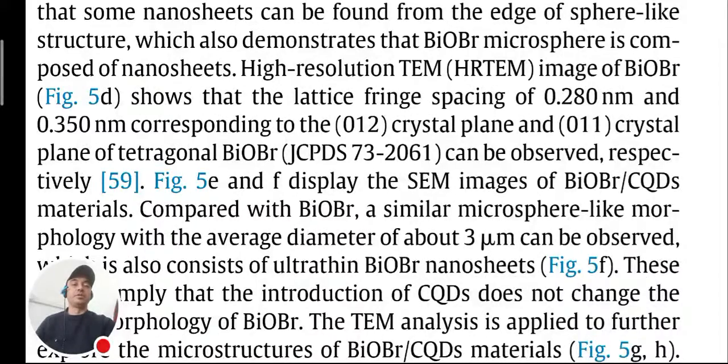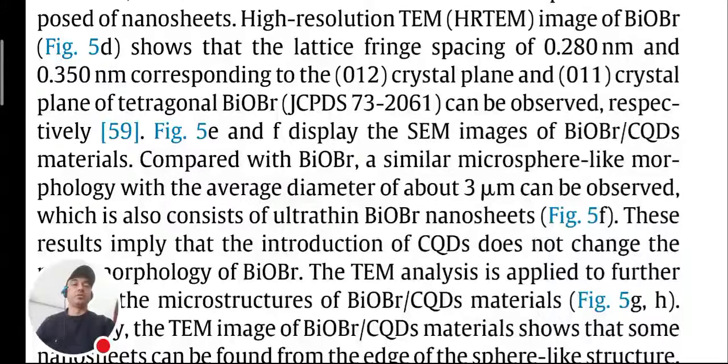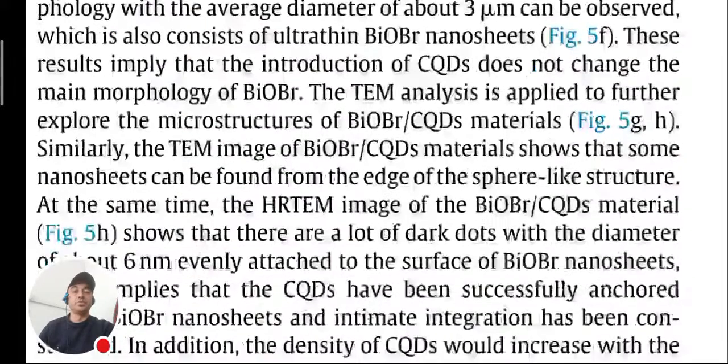E and F display the SEM images of the BiOBr carbon dot material. Compared with BiOBr, similar microsphere-like morphology with an average diameter of about 3 micrometers can be observed, consistent with ultrathin BiOBr nanosheets. These results imply the introduction of carbon dots does not change the main morphology of BiOBr. TEM images are applied to further explore the microstructure of the BiOBr carbon dot material.